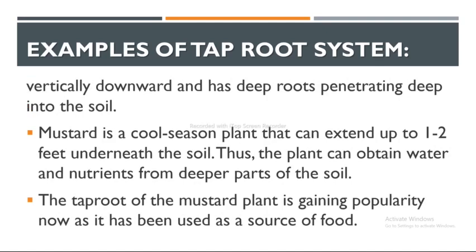Mustard is a cool season plant that can extend up to 1 to 2 feet underneath the soil. Thus the plant can obtain water and nutrients from the deeper part of the soil. The taproot of the mustard plant is gaining popularity. Now it has been used as a source of food.